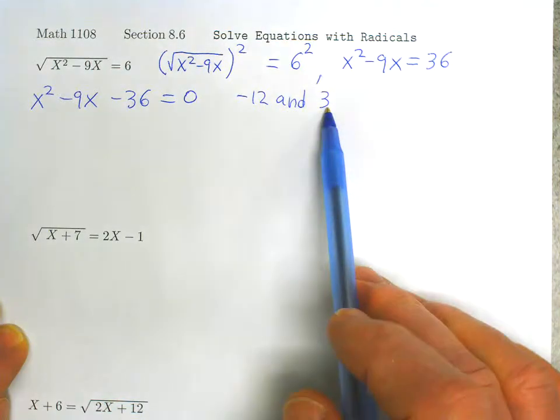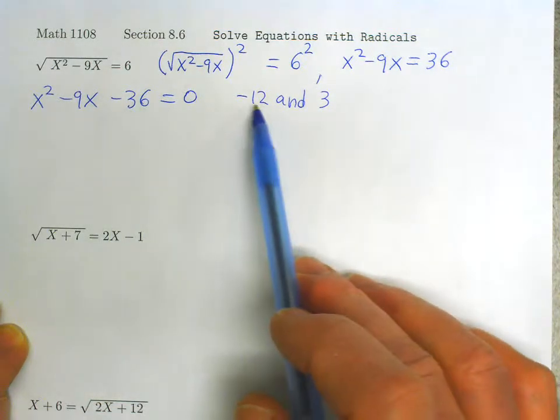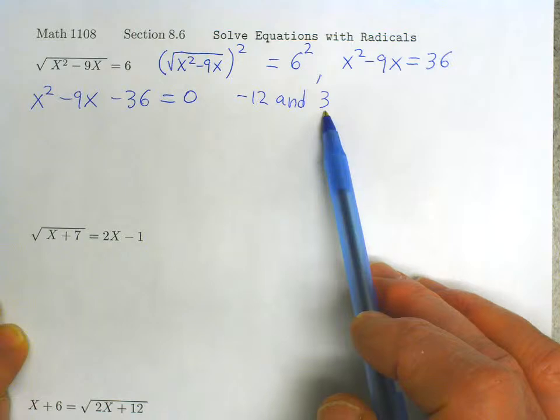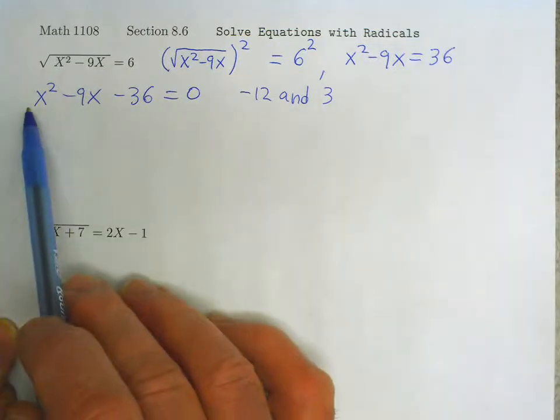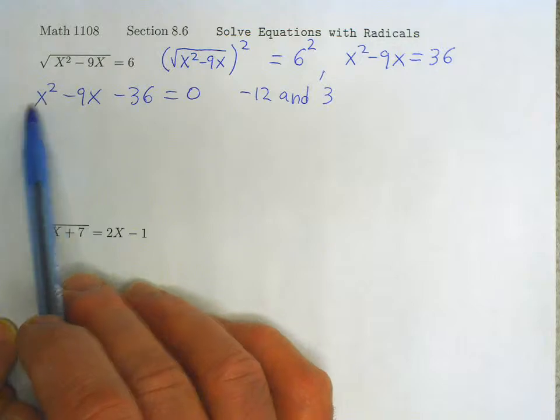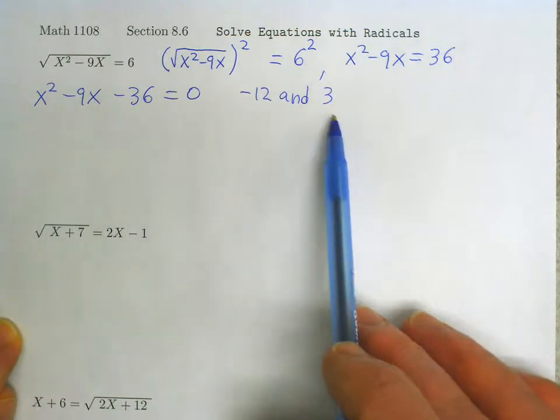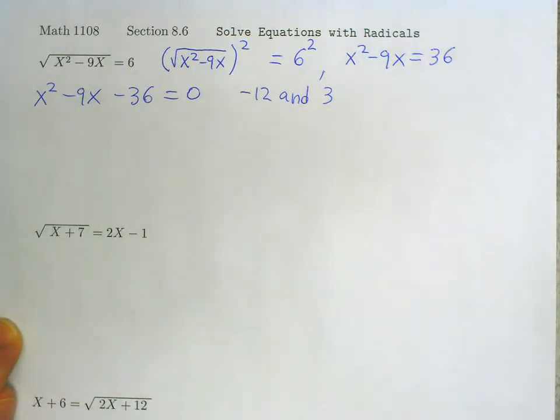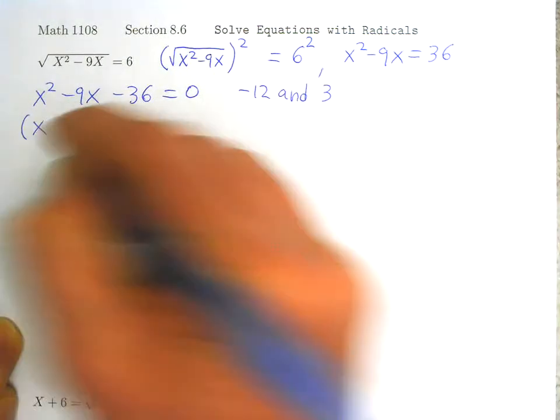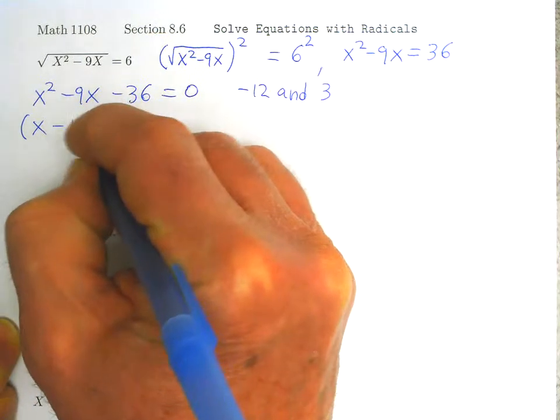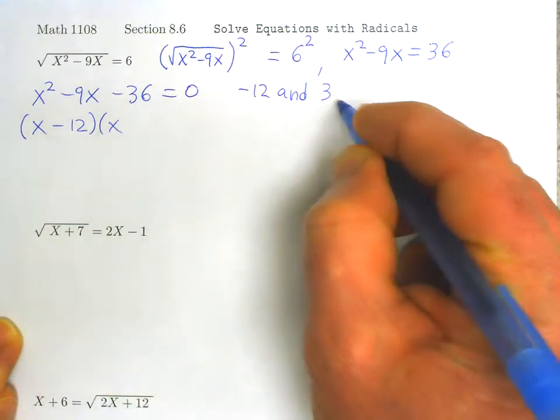Negative 12 times 3 is negative 36, and negative 12 plus 3 is equal to negative 9. So since the coefficient of x squared is 1, the abbreviated AC method says we can just write down the factors x minus 12 times x plus 3.